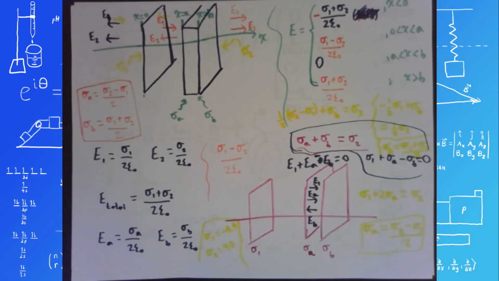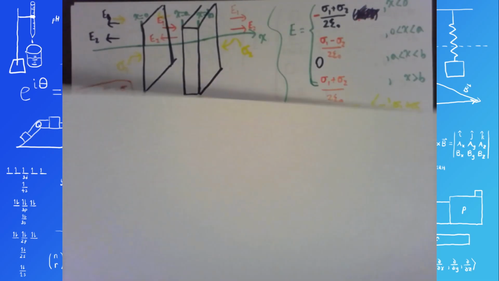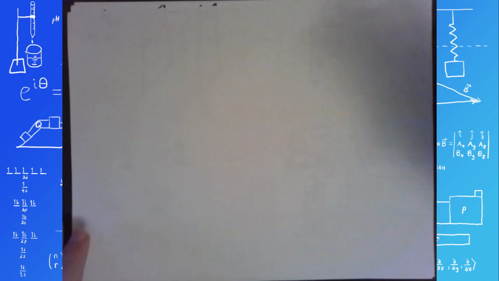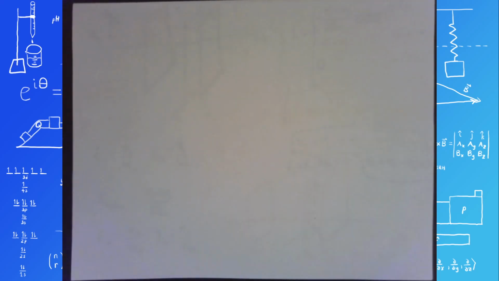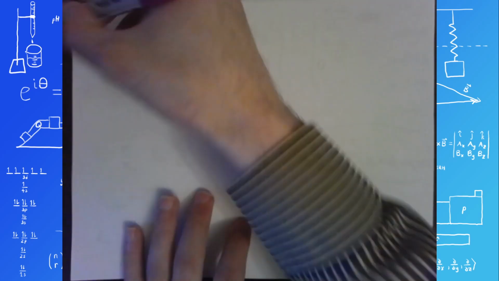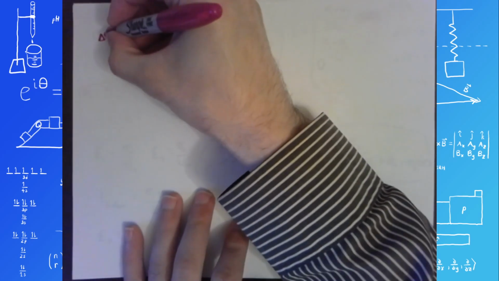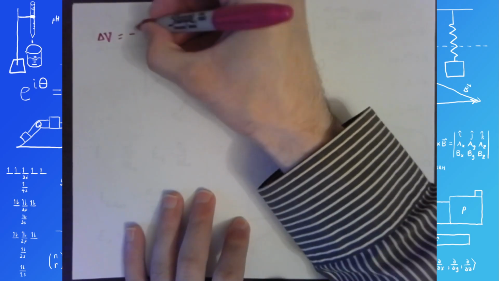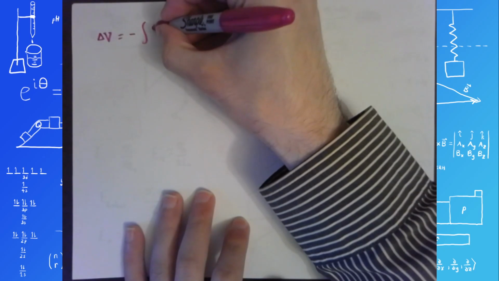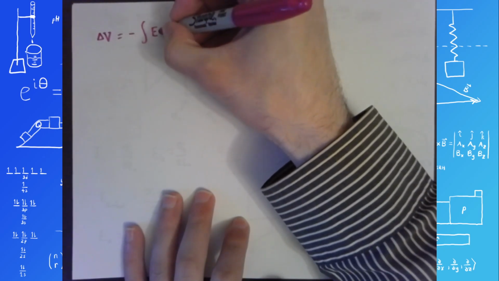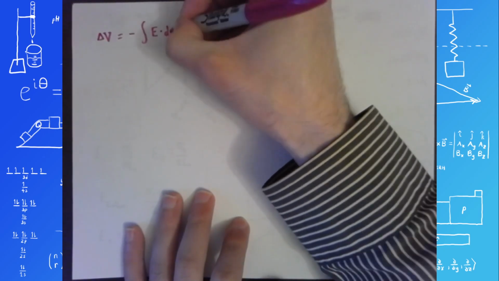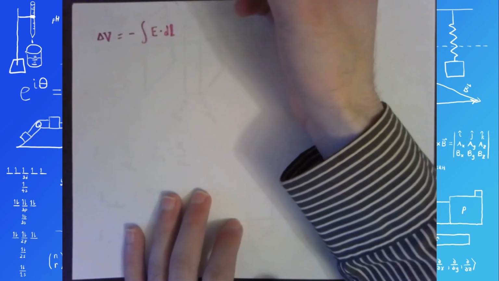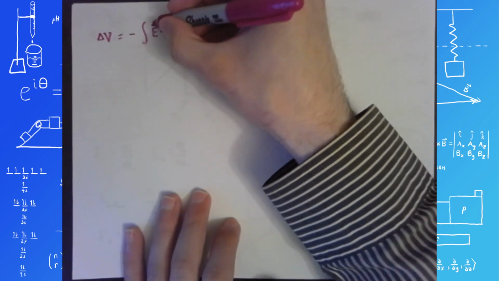I'll go ahead and write down the formula for electric potential, or rather, change in electric potential. Change in electric potential is equal to the negative of the integral of the electric field with respect to position. Negative integral of E dot dl.